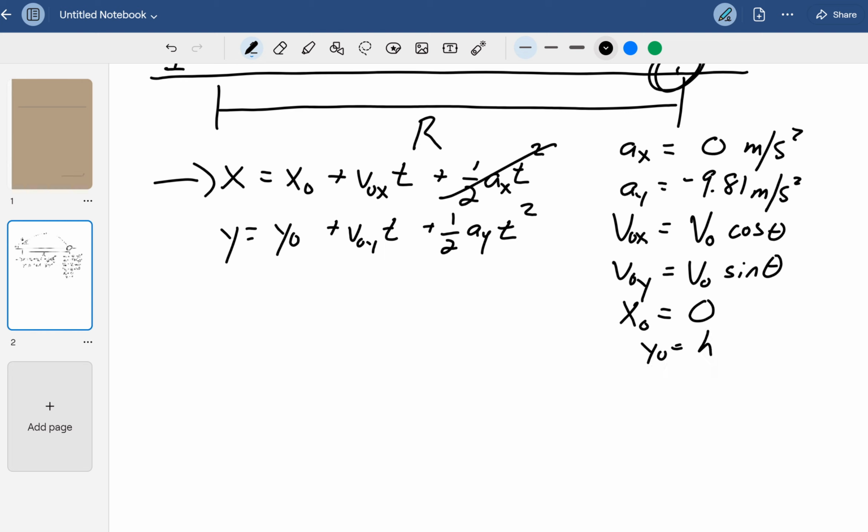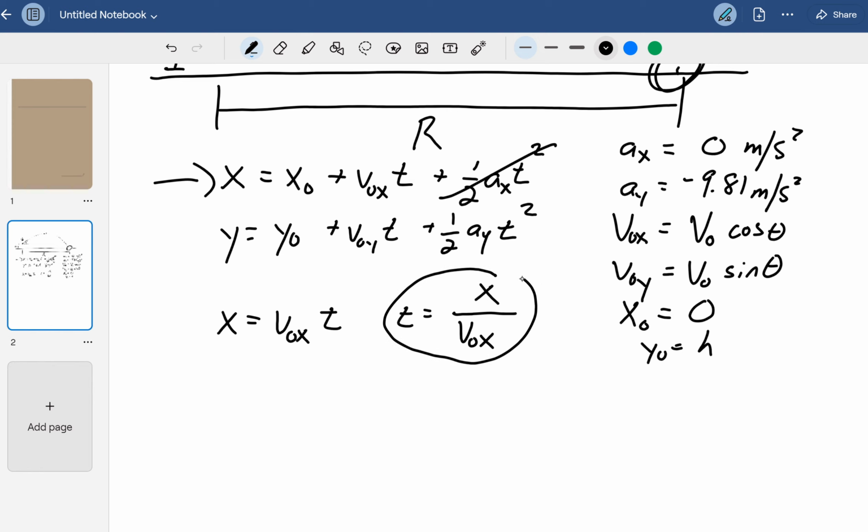Starting with the first equation with x, we have that x should equal v0x times t. Or in other words, solving for t, we get t equals x, the x position of our object, divided by the initial velocity in the x direction. Now let's take this expression for t and plug it into our other equation.